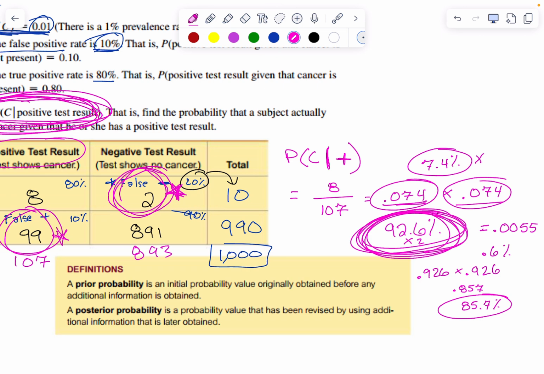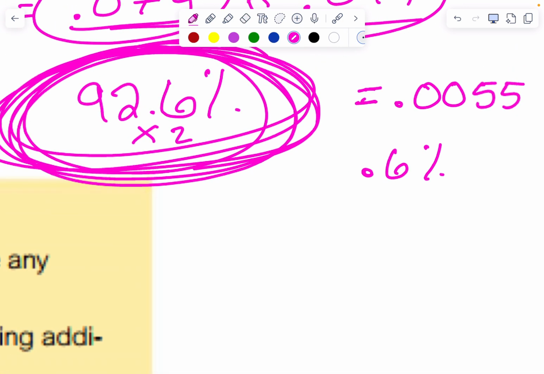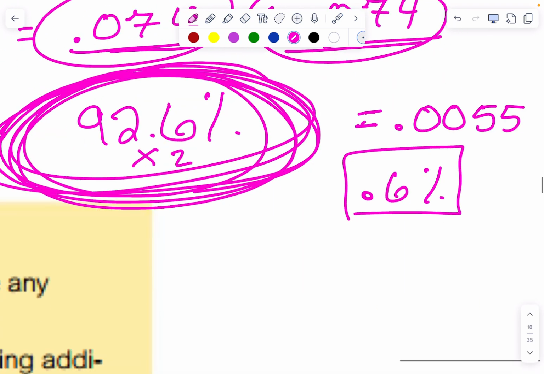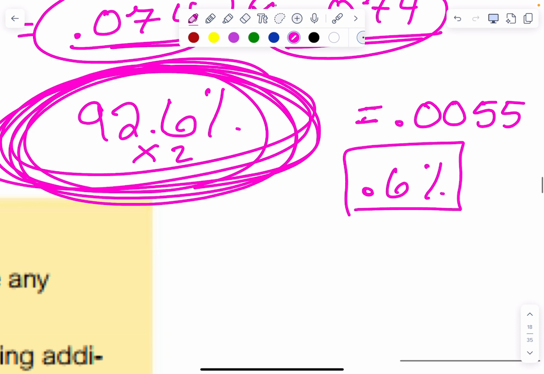Actually, you know what? We did it right the first time. No, you're fine. 0.6%. I see what you're saying. So if I run the test again, 0.6% are actually having cancer given that they tested positive, right?